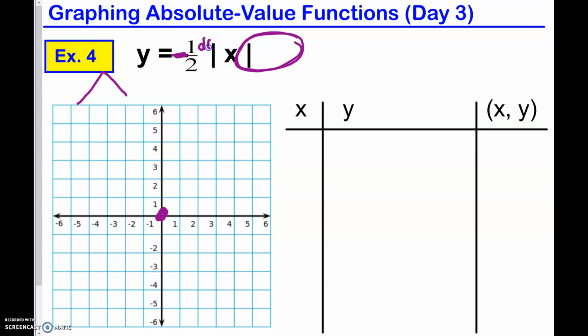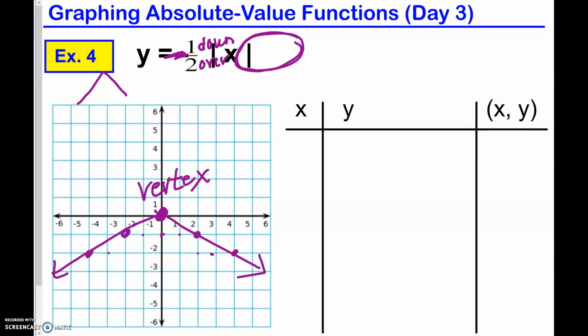So I'm going to go down 1 because it's going down, and then I'm going to go over 2. So down 1 over 2, down 1 over 2. And remember, you have to go both ways from wherever your vertex is. And that's what our graph would look like.